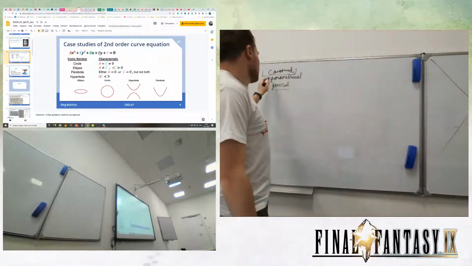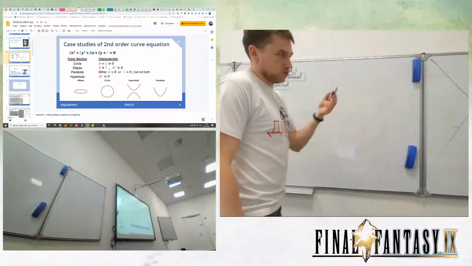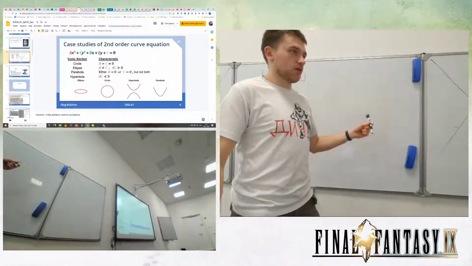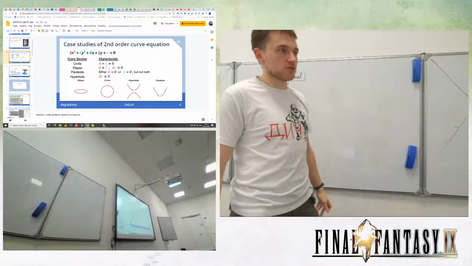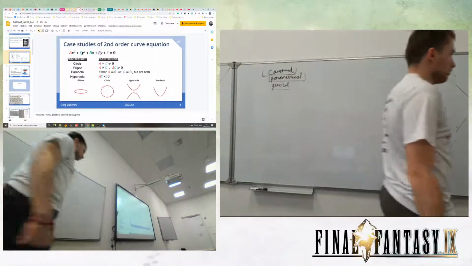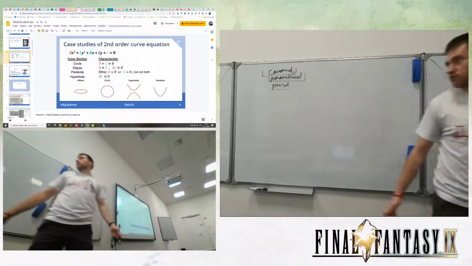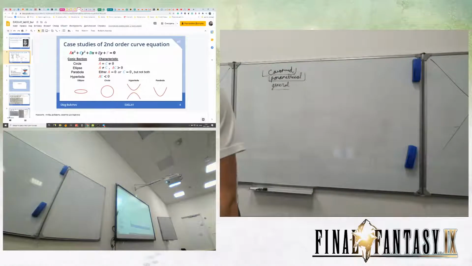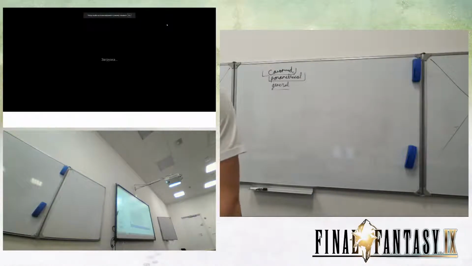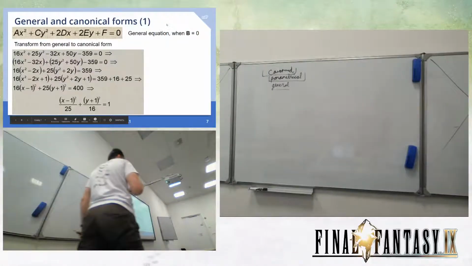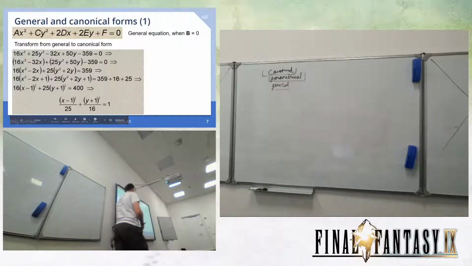Parametrical form is mainly needed to make something, so we probably won't use it during solving tasks, but it might be helpful. And the last one is the general form. In this case, we need to know how to go from general to canonical form. Again, the simplest case is when b equals 0.